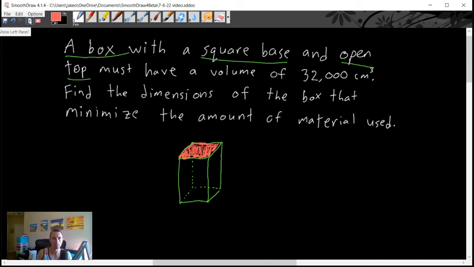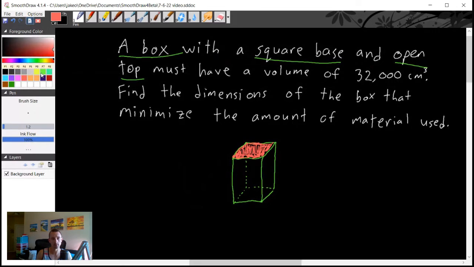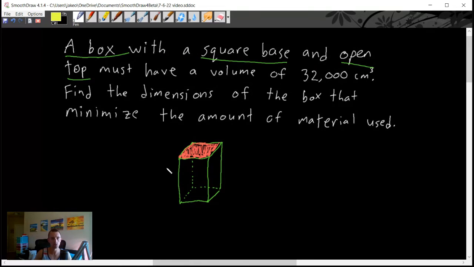We can ignore that. But what we want to do at this point is label our drawing, like I said. Keep in mind, we know that our box has to have a certain volume, but that means that volume is not the quantity that we're trying to optimize, right? The quantity that we're trying to optimize, which means find the maximum or minimum of, is the amount of material used.